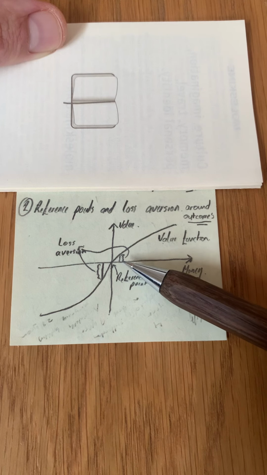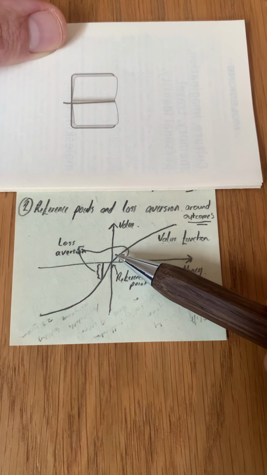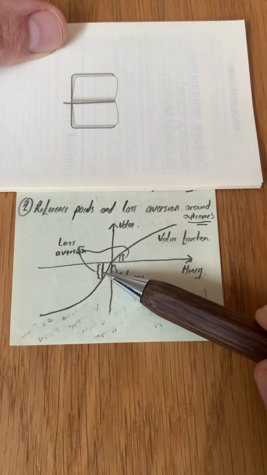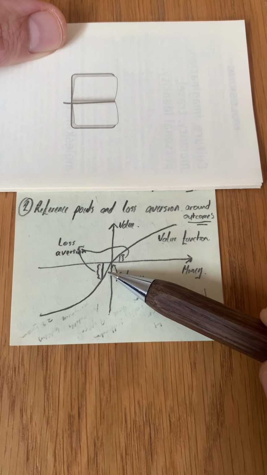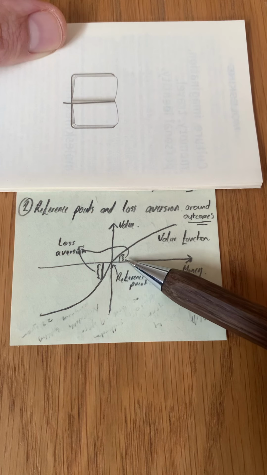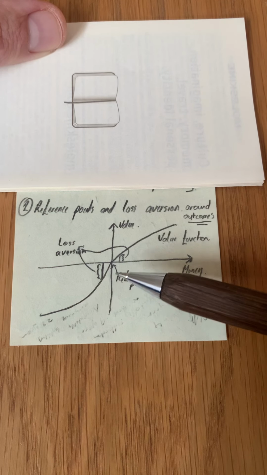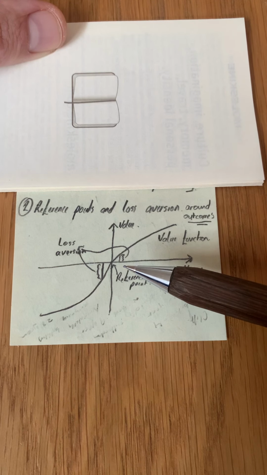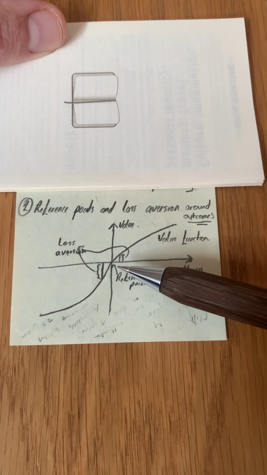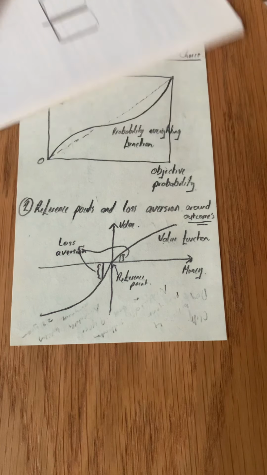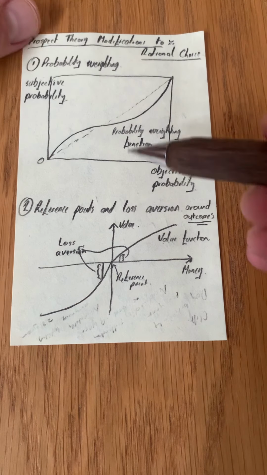People care more about losing a particular amount, say losing £10, than they do about gaining £10, right? The magnitude of disutility is greater than the magnitude of utility for losing rather than gaining that same thing, right?